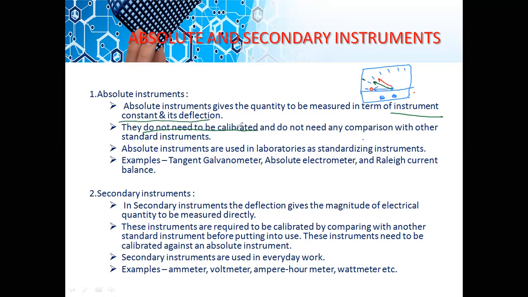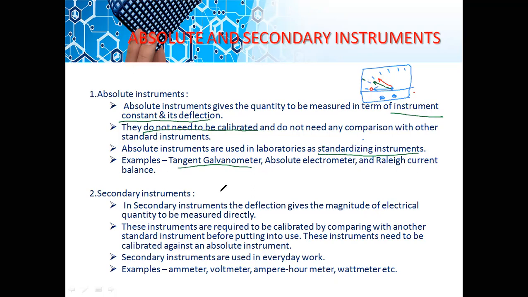So because they don't require calibration and because they give the quantity to be measured in terms of instrument constant and deflection, they are used in the laboratory as standardizing instruments. They are standardized instruments and they are used for calibration of other meters. Examples of absolute instruments are tangent galvanometer, absolute electrometer, Rayleigh current balance, etc.